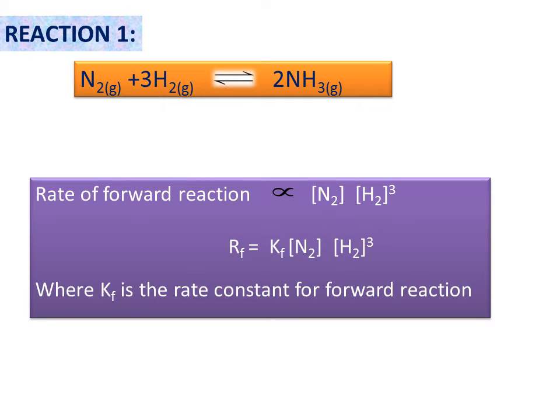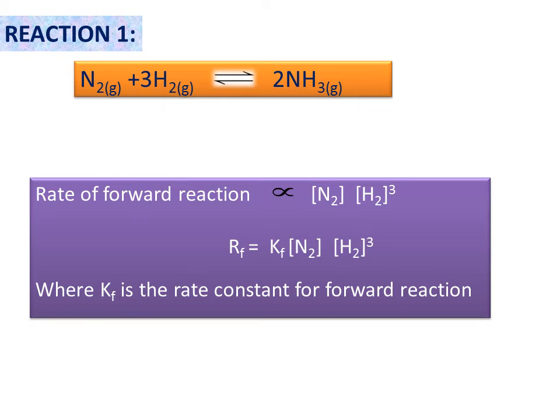So these are the forward reaction components, or we can say that these reactants proceed from left to right. So the rate of forward reaction will be directly proportional to nitrogen and hydrogen. It means that if the concentration of both of these reactants is more, the rate of forward reaction will be higher.